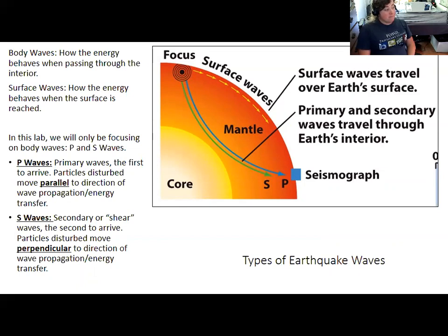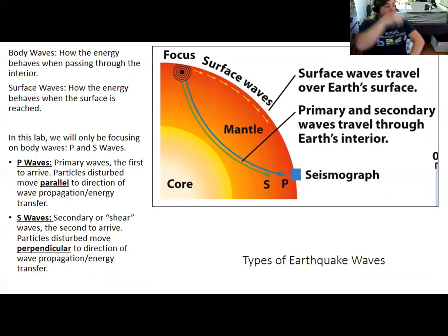The particles disturbed by energy in P waves move parallel to the direction that the energy is moving. If the energy is moving this way, that means that the movement is occurring parallel to that, to the left or right, kind of like a slinky going in and out. Whereas S waves, secondary or shear waves, involve, if the energy is going this way, the shear waves going up and down.